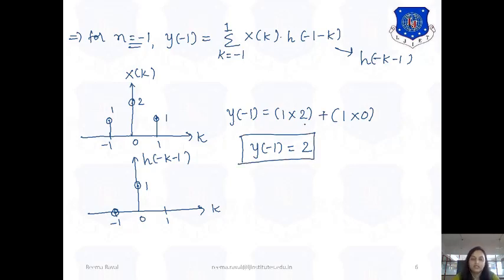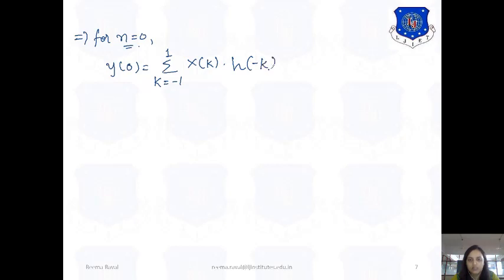Okay. Now next instant is n equals to 0. So now for n equals to 0, y of 0, that will be equals to summation of k equals to minus 1 to 1 x of k into h of n minus k, that is 0 minus k, or as you can say h of minus k, right?